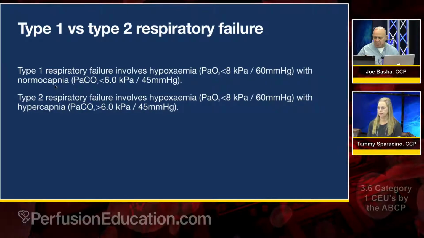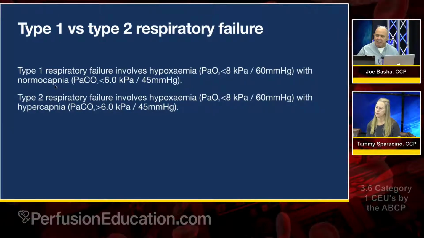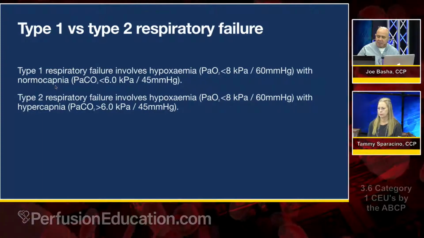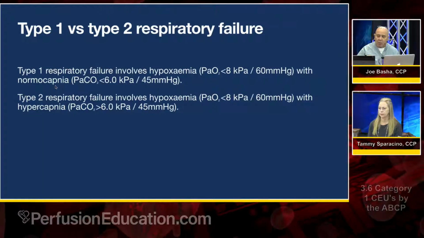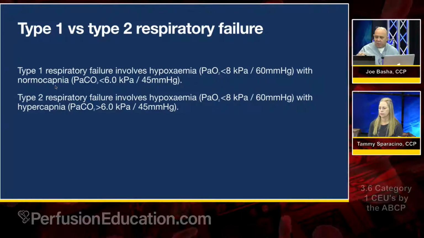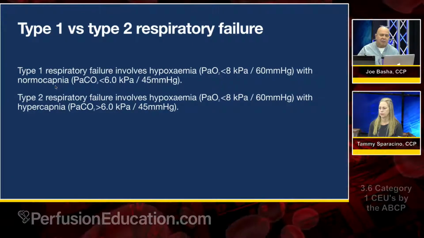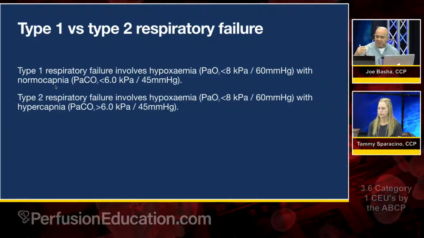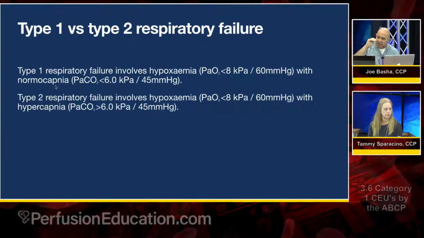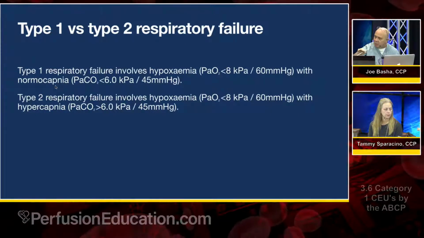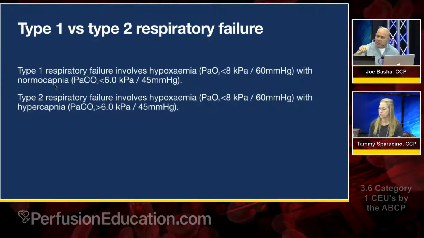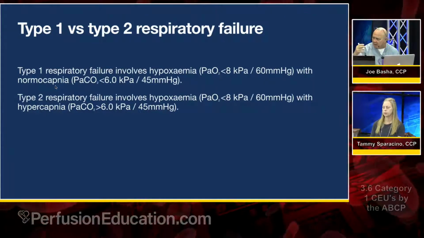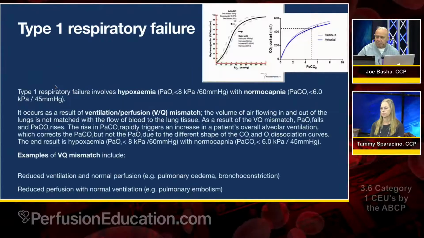Type 2 respiratory failure, on the other hand, is characterized by a PaO2 of less than 8 kPa or 60 millimeters of mercury with hypercapnia, or elevated PCO2 greater than 6 kPa or greater than 45 millimeters of mercury. So type 1, type 2. The difference is type 1 is an oxygenation problem with normal CO2. Type 2 is an oxygenation problem with a CO2 clearance problem or elevation.